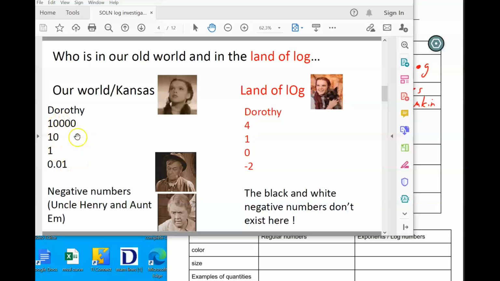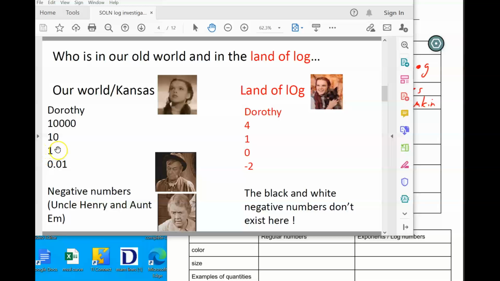All these numbers exist in Kansas, and they also exist in the land of Log, except 10,000 in the land of Log is a red 4. And 10 in the regular old world is the red number 1. These are small also. I just didn't make them small here because it'd be hard to see.